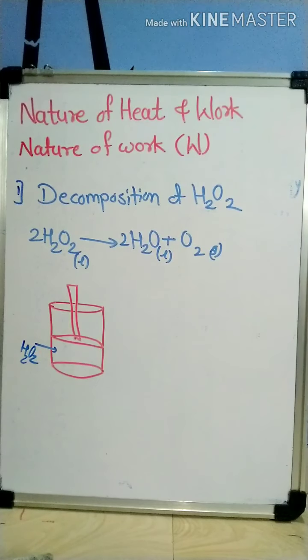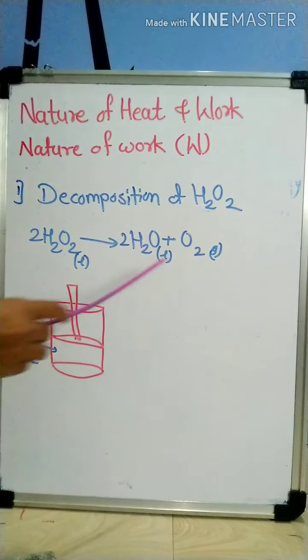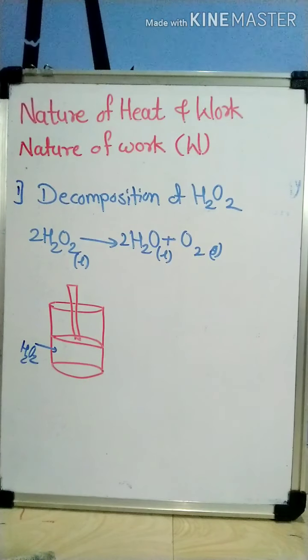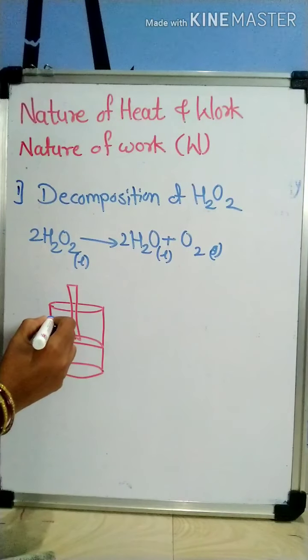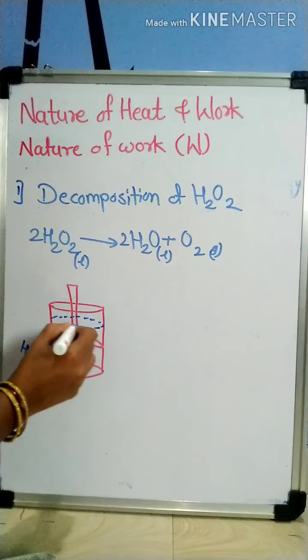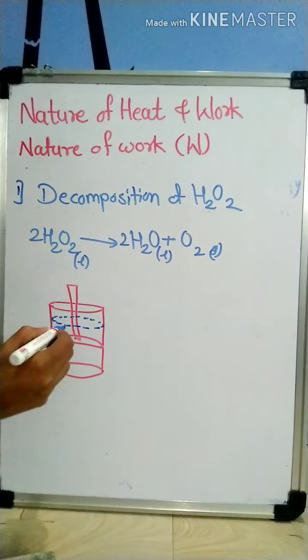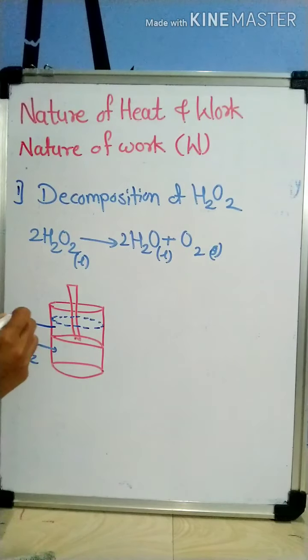So in this reaction what happens? Oxygen is liberated, the mass of oxygen is raised, and so the piston moves in the upward direction. Here oxygen is produced, so expansion occurs. The piston moves in the upward direction.